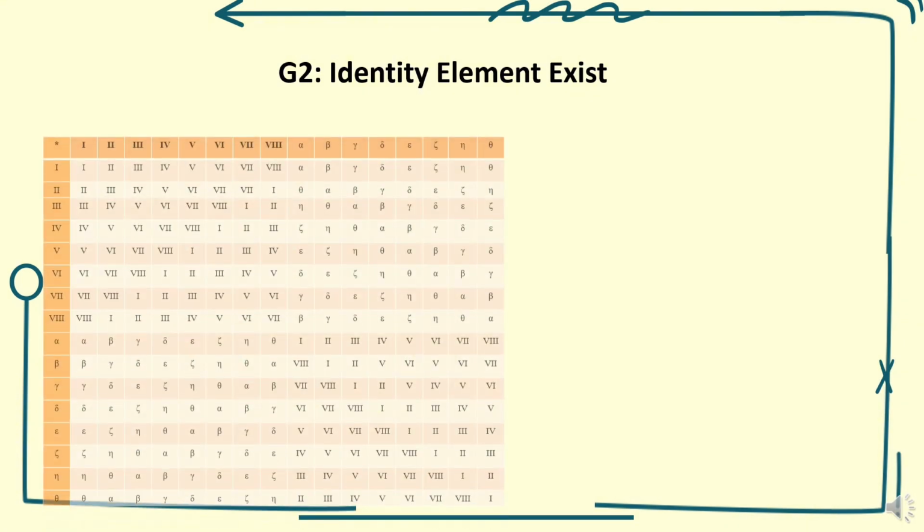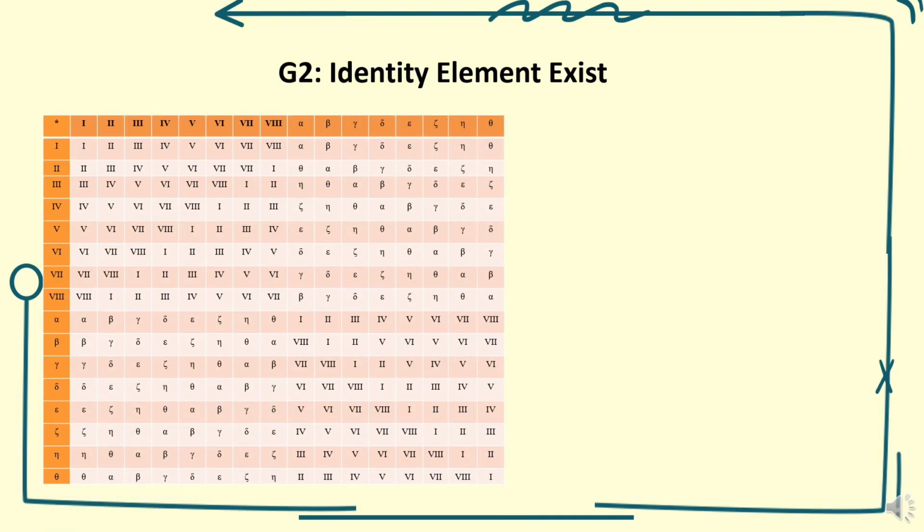We need to know the identity element of this table. Based on this table, since Roman numeral 1 is do nothing, we can say that Roman numeral 1 is our identity element.